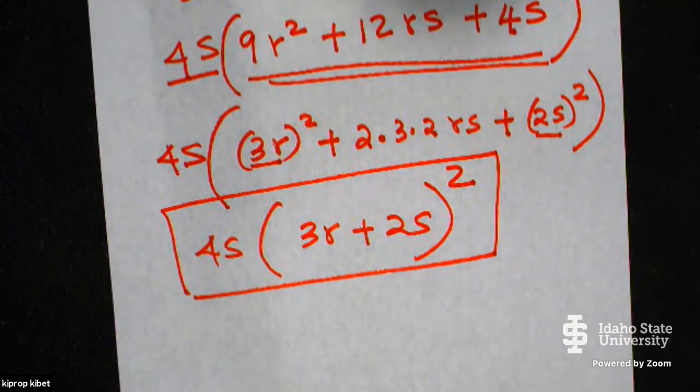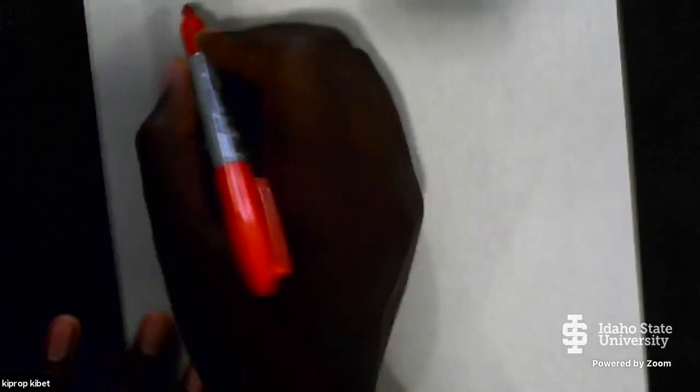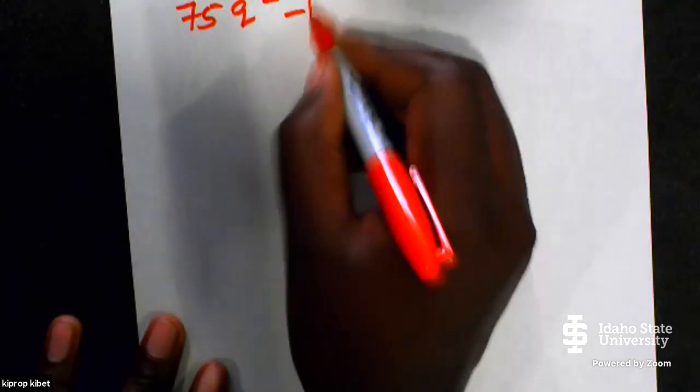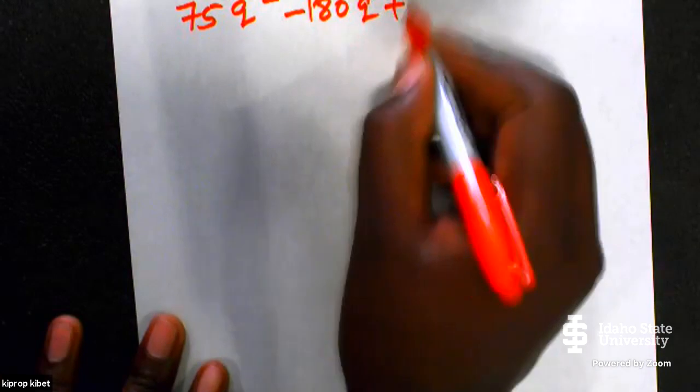Okay, so we can do the previous one again, to show you how the one for the perfect square is going. So if you have now 75q squared minus 180q plus 108.